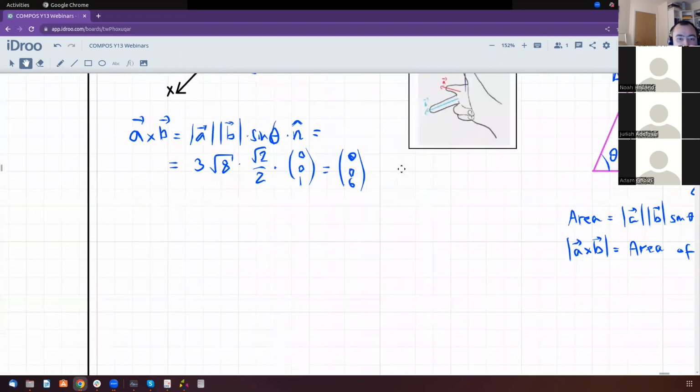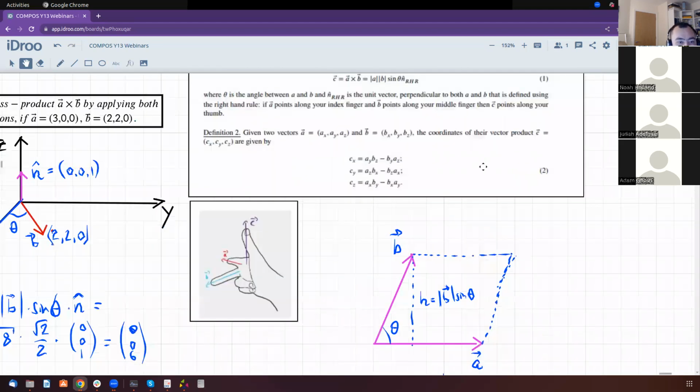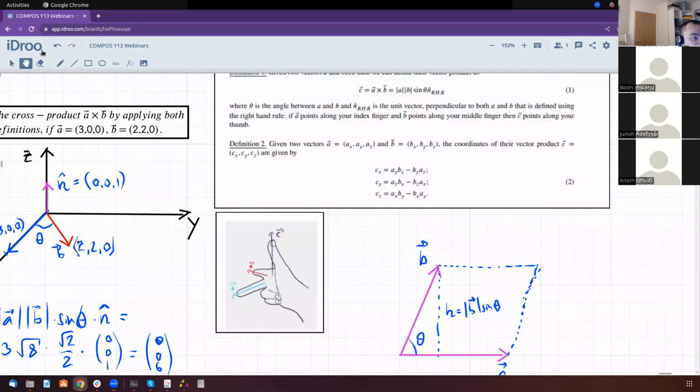And the second way of finding it, we can just use the definition. So we have vector A, which is 3, 0, 0. We have B, which is 2, 2, 0. And we have CX, which is AY, BZ. So AY, BZ, that's 0. Minus BY, AZ, that's 0.